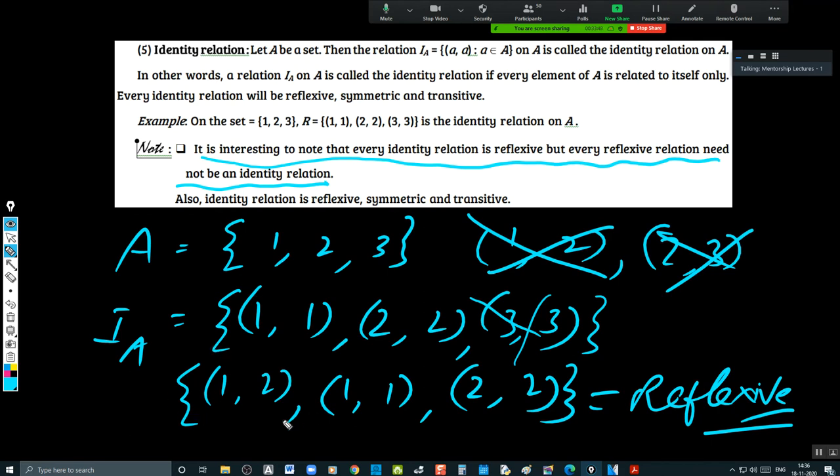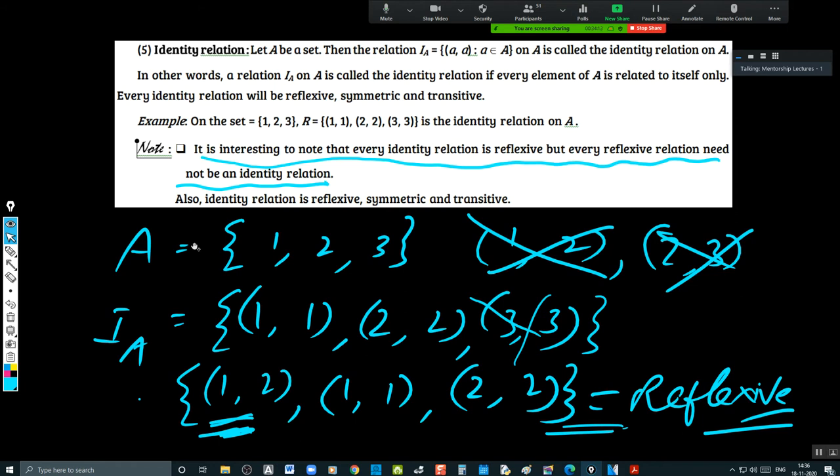Because if I say this is a reflexive relation containing 1,2, it won't become identity. But if you take an identity relation, it will definitely become reflexive.